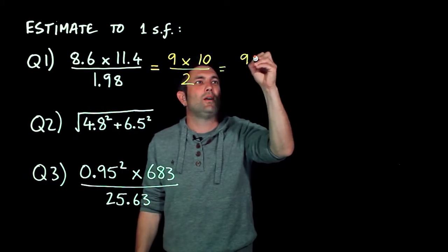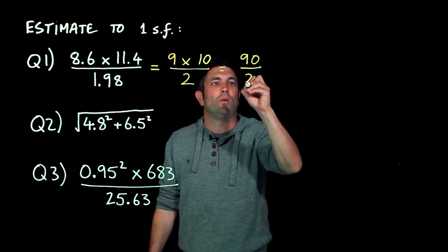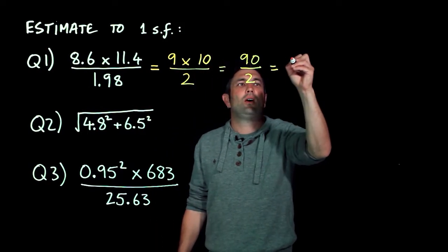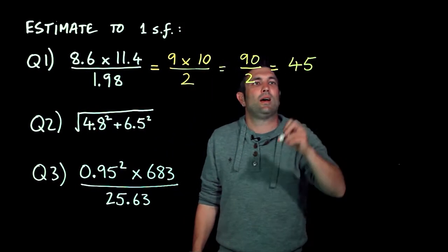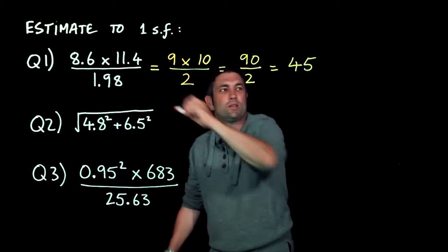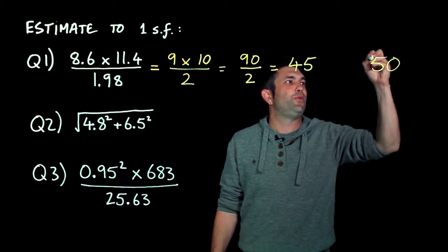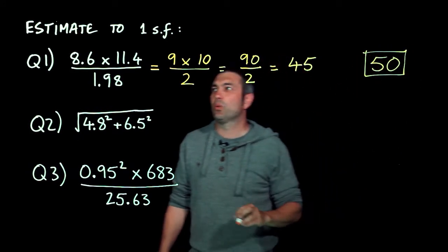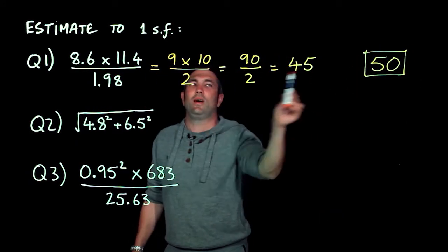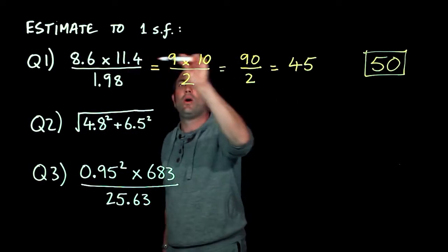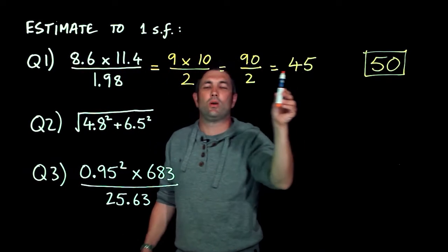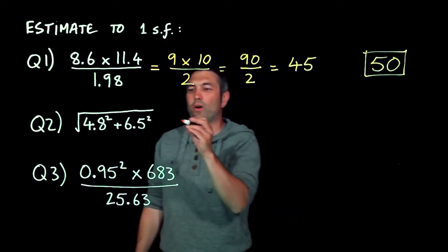So I've got 90, and I divide by 2 and I get 45. Now 45 isn't to one significant figure, so I'm actually going to put my estimate as 50 for that first one. Again, it's fairly obvious why I've used these numbers, but if you wanted to use slightly different numbers, that is absolutely fine.